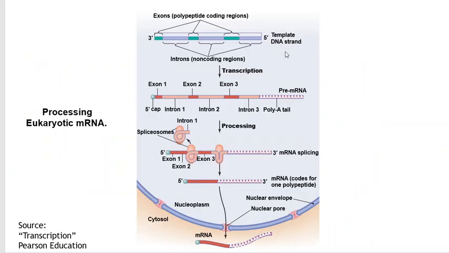Here is our eukaryotic gene. These are the exons, and these guys are the introns. The introns are nothing but spacers. They don't code for anything. Those green ones are the only ones that actually have information we need. So we make an mRNA. There's a 5' cap. We put something on there.